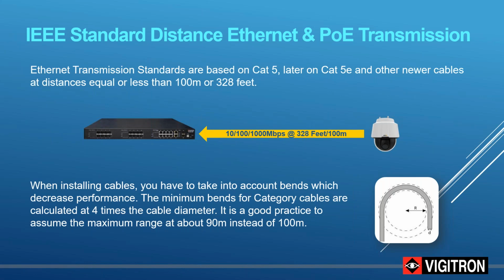So it's good practice to apply what we call the bend ratio, and instead of looking at it in terms of 100 meters, apply a distance of about 90 meters to take into consideration the additional resistance within the cable. The minimum bends for category cable are calculated at 4 times the cable diameter, because both of these affect the resistance of the cable.